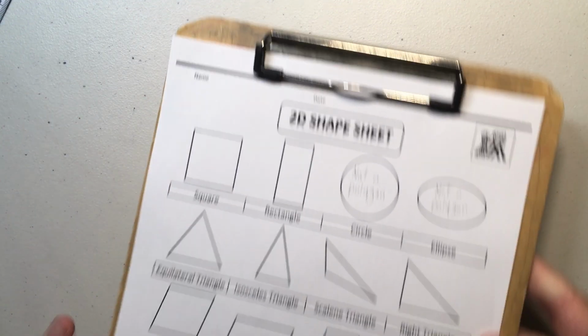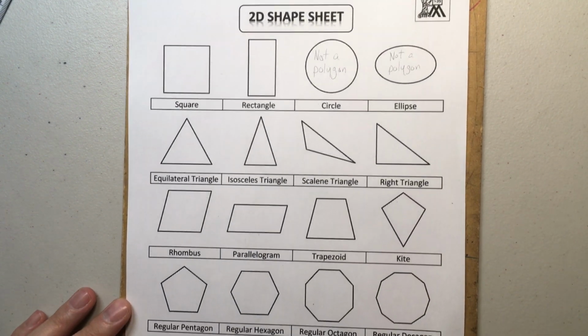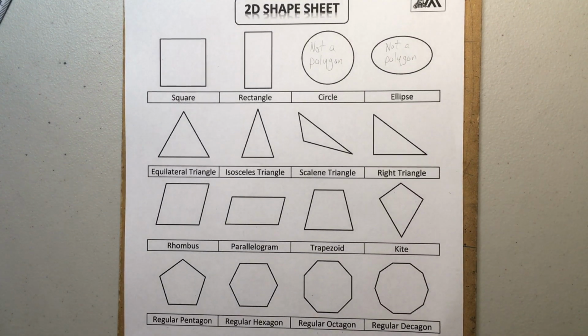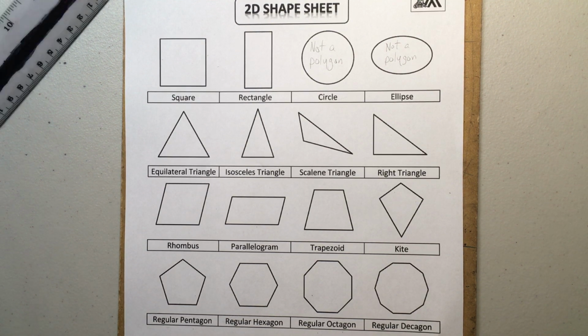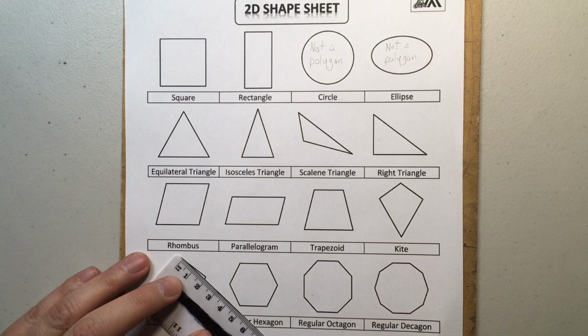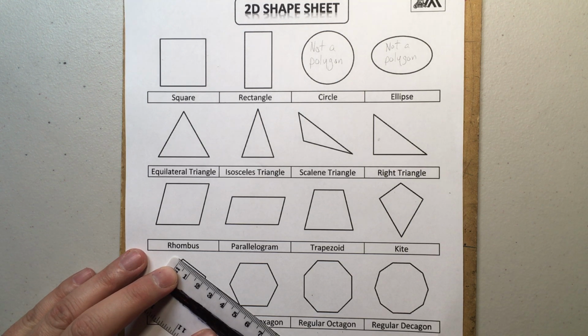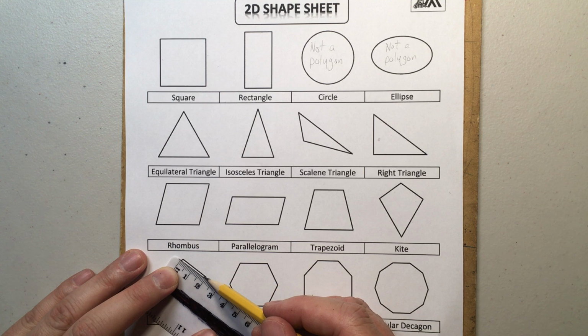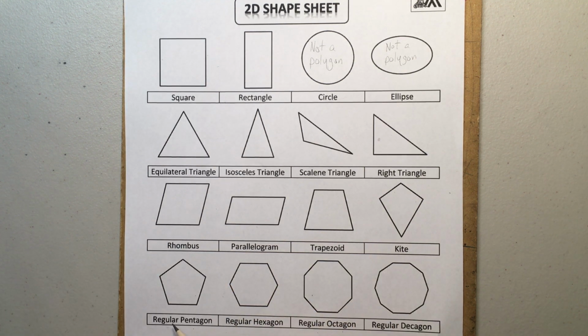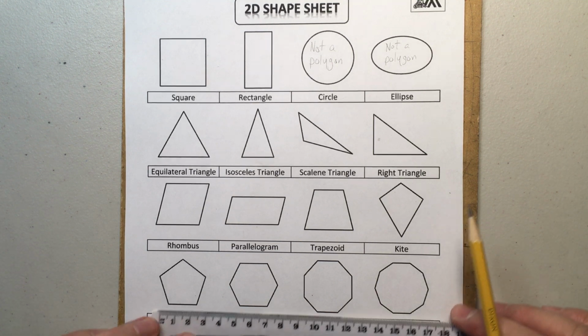So going back to my 2D shape here, I see that these polygons on the bottom say regular. That's because the sides of them are all of equal length. See? This is 2 centimeters across this way, and I know because it says regular that all of the sides are going to be 2 centimeters.